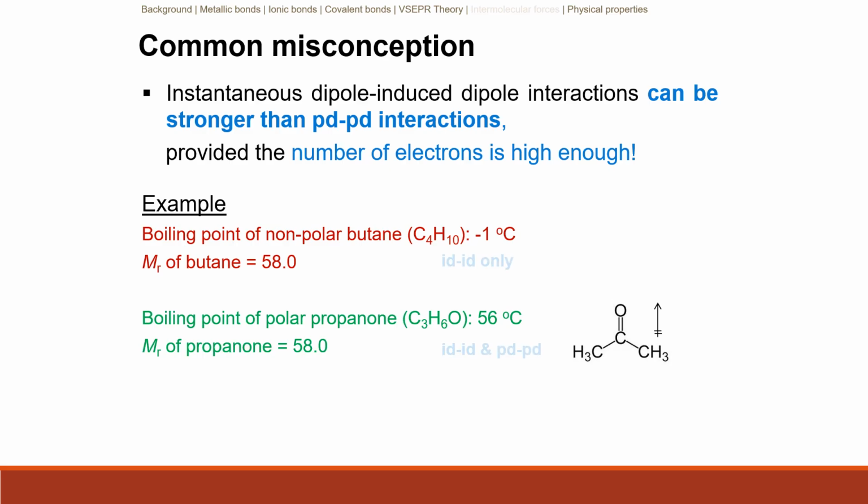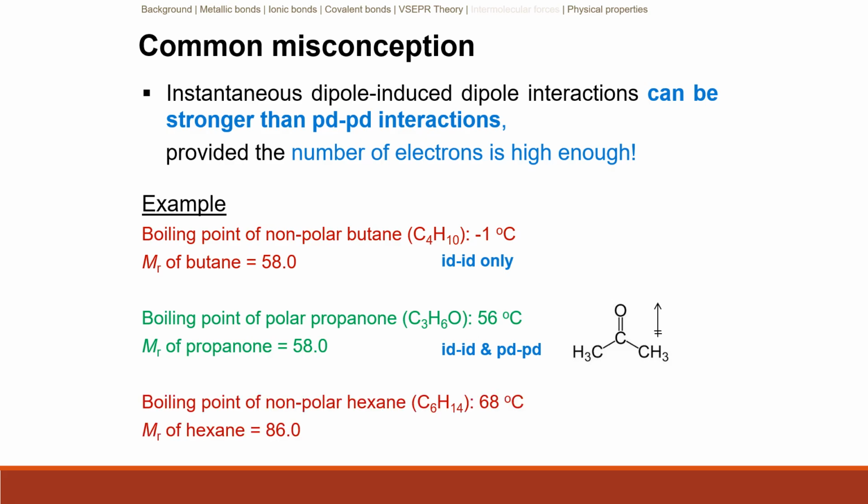So we would expect only ID-ID interactions to exist between butane molecules, while both ID-ID and PD-PD interactions would exist between propanone molecules. Comparing the MR of these two molecules, both are 58. This gives rise to a similar number of electrons in both molecules, so we can take the strength of ID-ID interactions in both molecules to be the same. Then what is the factor that contributes to the higher boiling point of propanone? It has to be the PD-PD interactions. So this is a straightforward case.